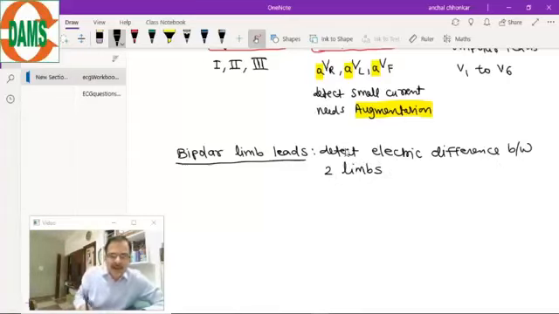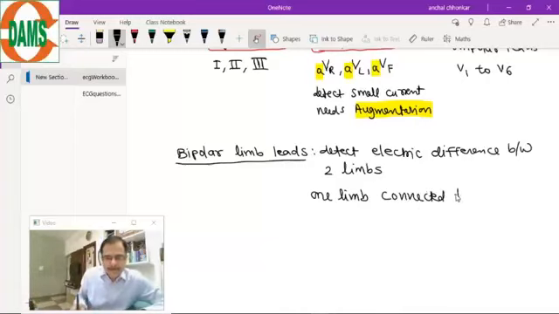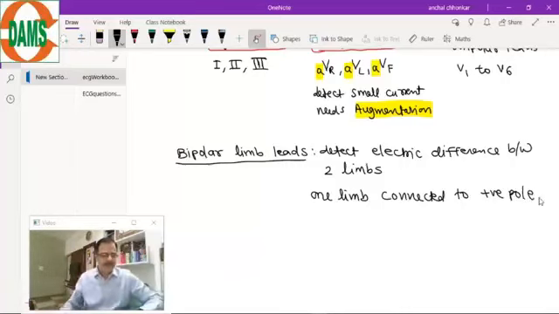So this is the bipolar limb lead system in which one limb is connected to the positive pole of the galvanometer.